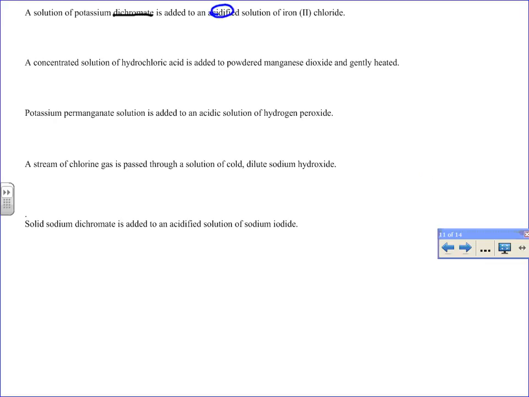So from this, we can see automatically that one of the things that's changing is the Cr2O7 2- is actually being converted to the chromium ion, or Cr3+, because it's in an acid solution. We also know that we're going to be balancing this in acid.